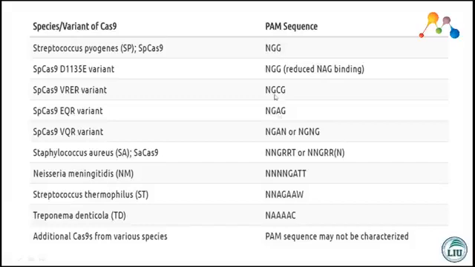Today, many PAM sequences are being identified, and researchers are exploring other CRISPR systems to identify Cas9 effector proteins that recognize different PAM sequences, and different PAM and substrate requirements. This is because they need to alter DNA at a very high specificity.